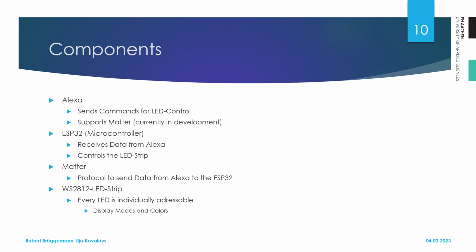We use the Matter smart home implementation, which is a protocol to send the data from the Alexa to the ESP. And we also used a WS2812 LED strip, where every LED is individually addressable, so we can show different colors or different brightnesses on separate LEDs.